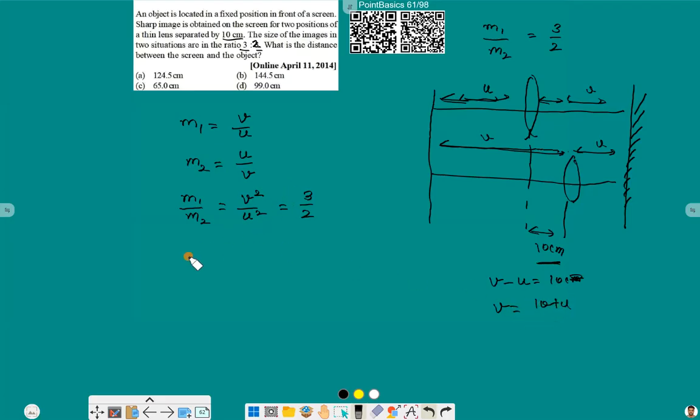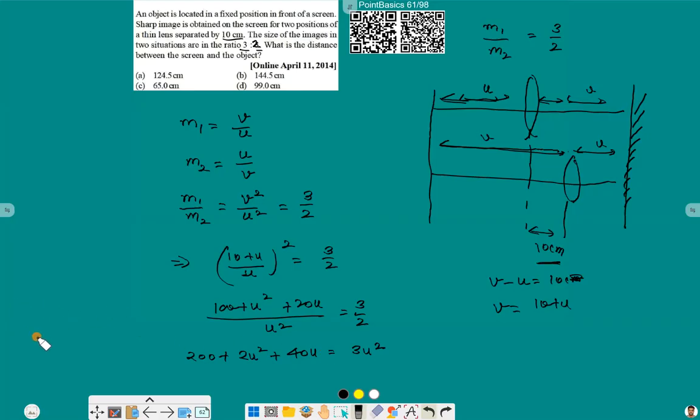So here if I substitute it here, 10 plus u divided by u whole square is equal to 3 by 2. And from this I can write that 100 plus u square plus 20u divided by u square is equal to 3 by 2. Now cross multiply. 200 plus 2u square plus 40u is equal to 3u square.